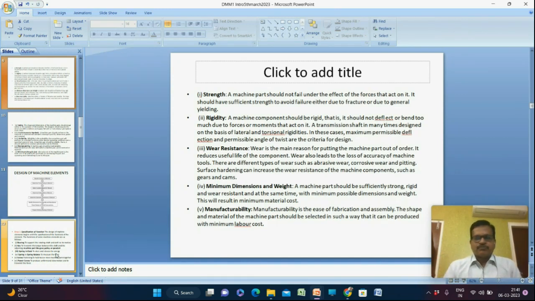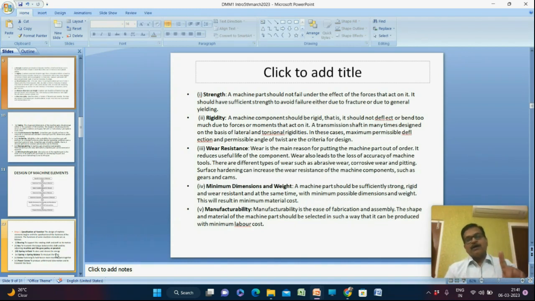Next, minimum dimensions and weight. A machine part should be sufficiently strong, rigid, wear resistant, and at the same time have the minimum possible dimensions and weight. So here it should have all the above three. Strength wise it should be good, rigidity wise it should be good, and according to wear resistance also it should be good.